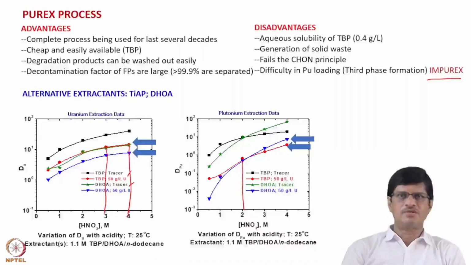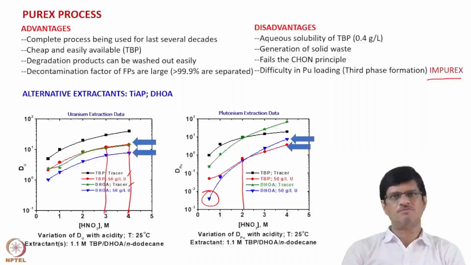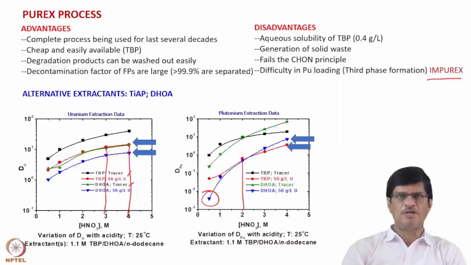So this suggests that if you have higher plutonium loading, you can increase the nitric acid concentration and have higher extraction of plutonium 4, and at lower nitric acid concentration, the plutonium D values become so low that this plutonium can be stripped efficiently without using a reducing agent as in the Purex process. This is a big advantage of this dialkyl amide extractant DHOA for spent fuel reprocessing.